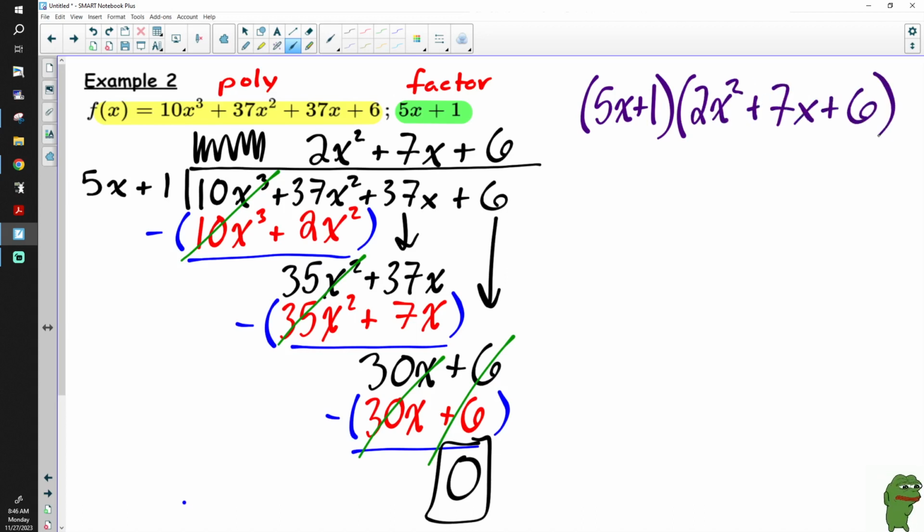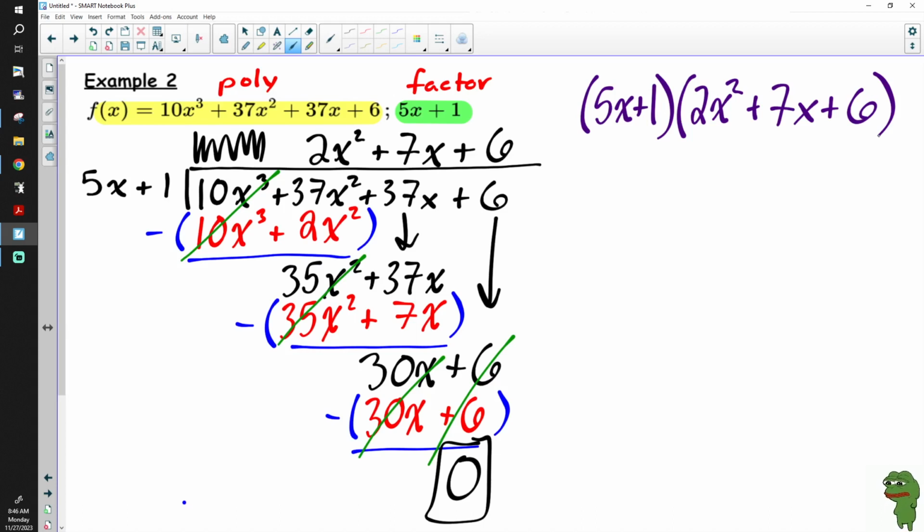So we have taken our polynomial and we have split it into 5x plus 1 times 2x squared plus 7x plus 6. So we took that polynomial and we ripped out its factor. This is what's left. And when I divide two things, whatever's left, if you multiply these together, we should go back to the original. Does that make sense?